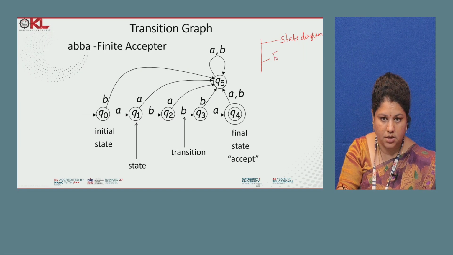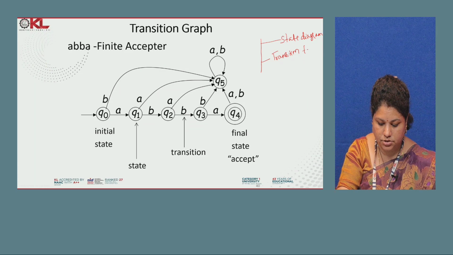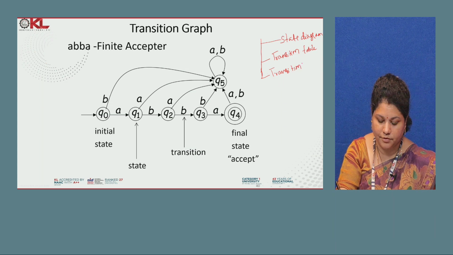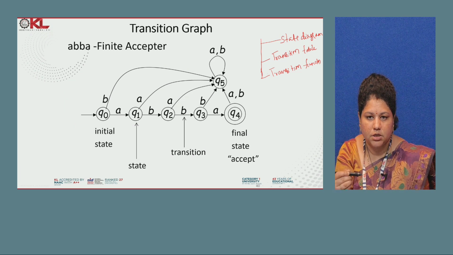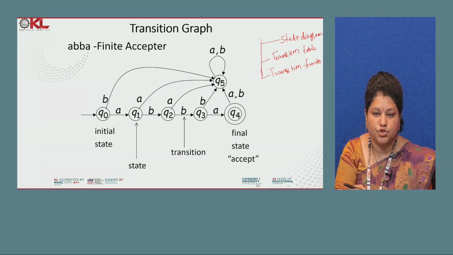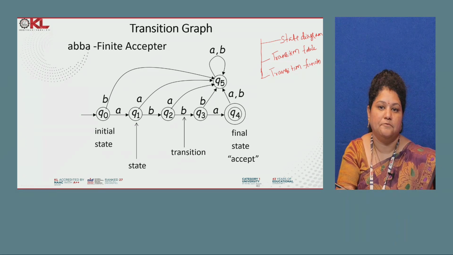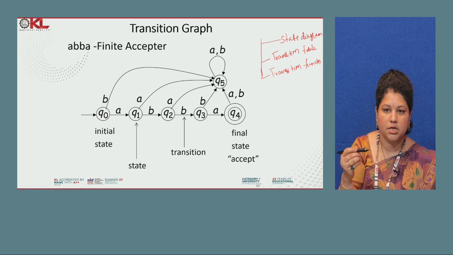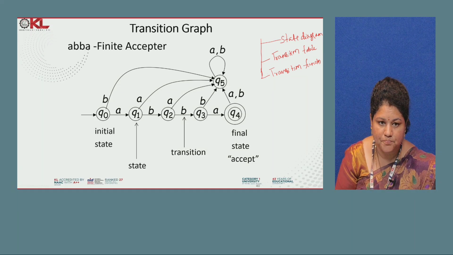Second one is the transition table. Third one, the transition function, also called the mapping function. With the help of these three, we can generate a deterministic finite automata. Let's see how the state diagram can be constructed.